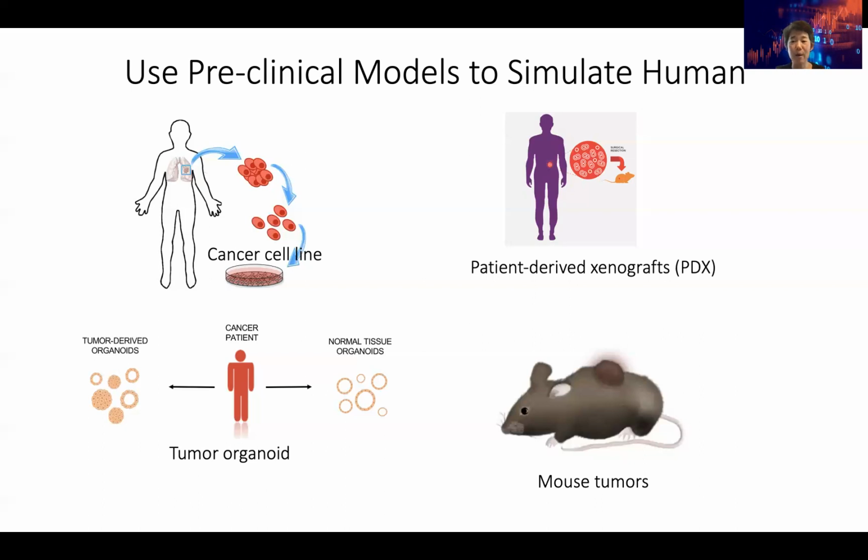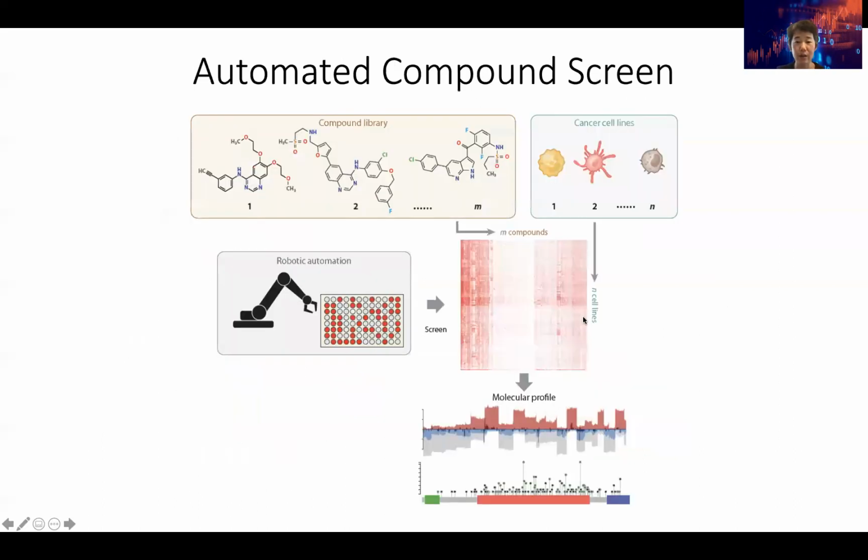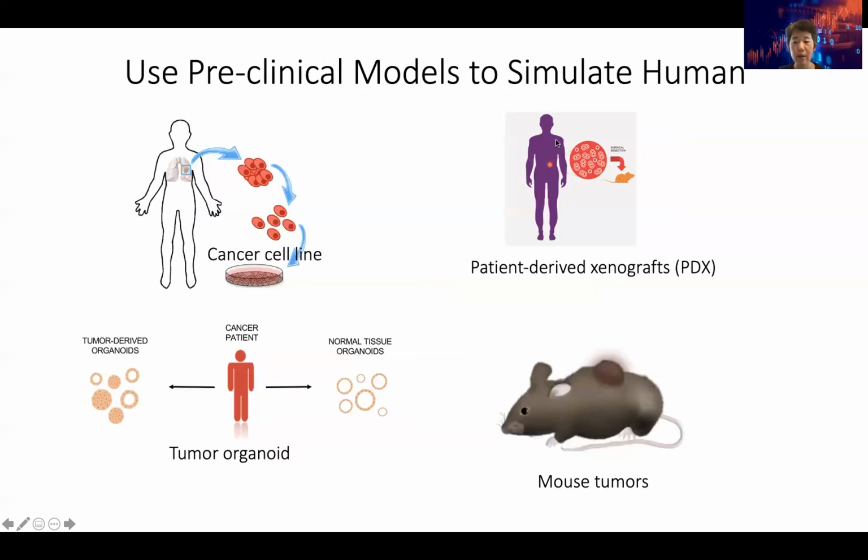These types of models are much easier for scientists to test many different genes and many different drugs, do manipulations, and figure out the response mechanism. By the way, these types of mouse experiments are still very expensive, and so most of the available data are still on cell lines.